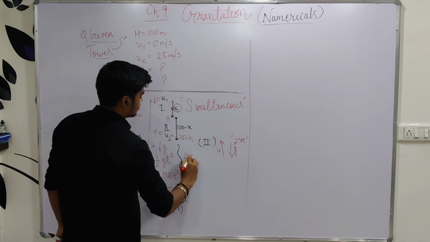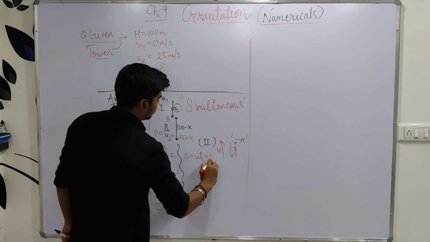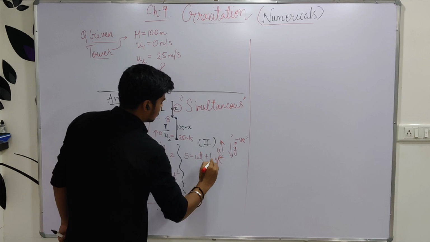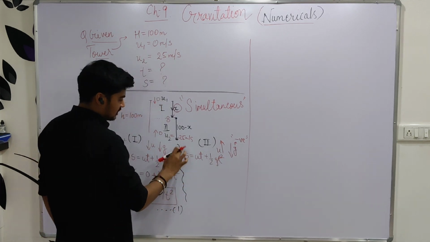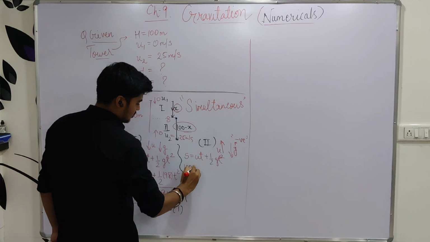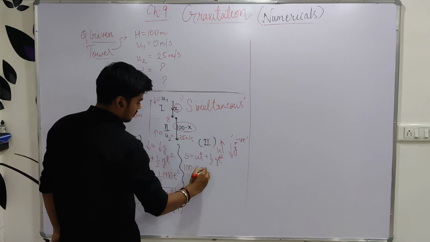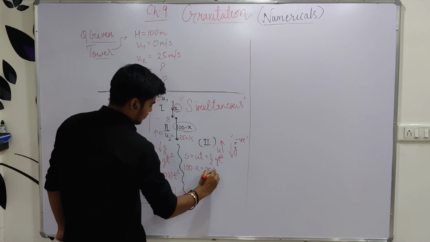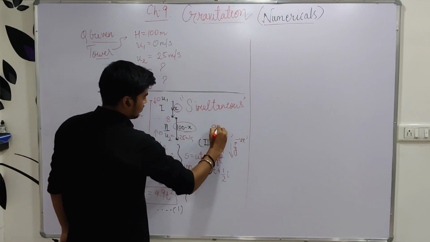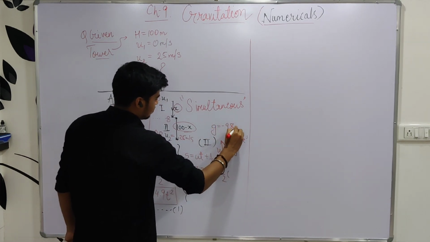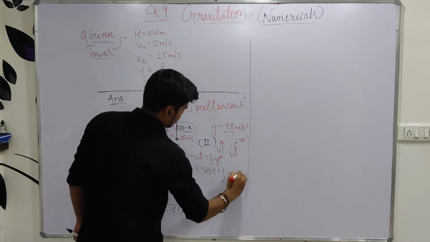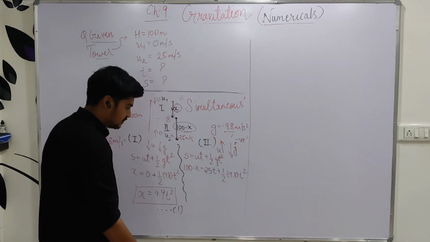Again, taking the same equation, S is equals to ut plus half gt square, but the displacement is this, 100 minus x is equals to initial velocity 25 times t plus half. g will be negative 9.8 meter per second square, so I will take minus 9.8 t square as it is.